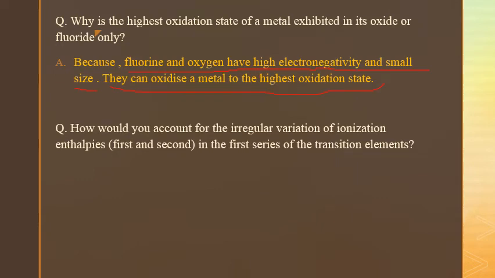How would you account for the irregular variation of ionization enthalpies? That is, ionization enthalpy first and second in the first series of transition element. If we are talking about first series of transition element, it means it is of 3d series. So what is the cause of the irregular variation of ionization enthalpies in 3d series of the transition element?